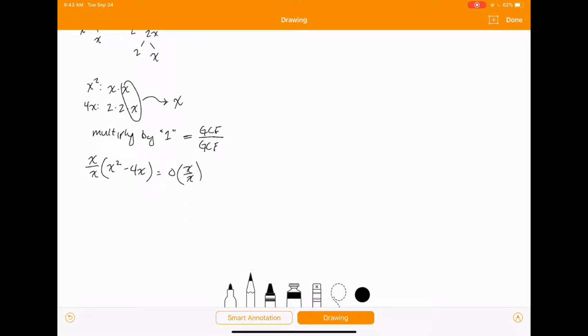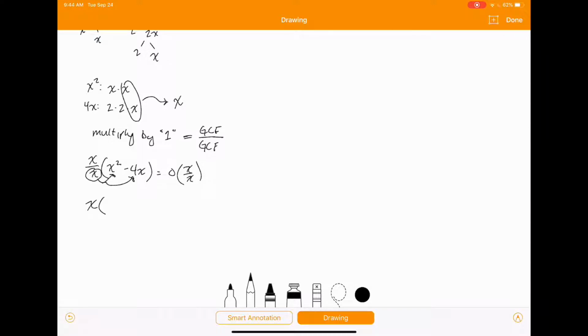Now, in here, you're going to be tempted to take this and distribute it in here, but what you're going to want to do is take only this denominator, because remember, we're trying to pull this x out, so we want to leave that x on the outside. So let's go ahead and just take this denominator and distribute it to both the terms.